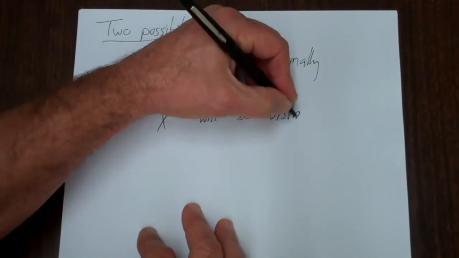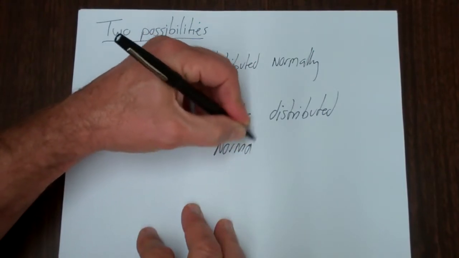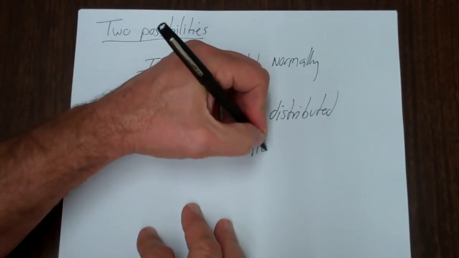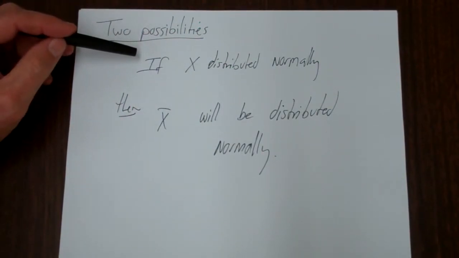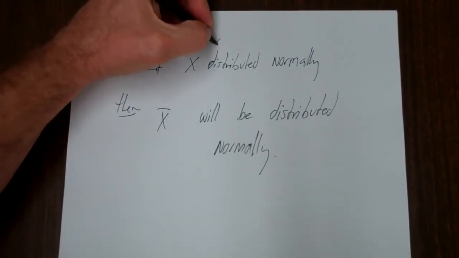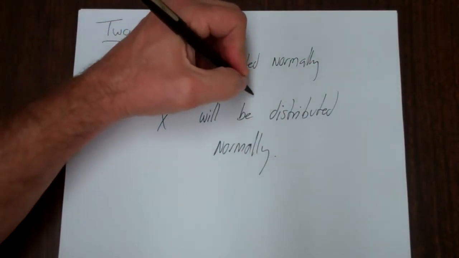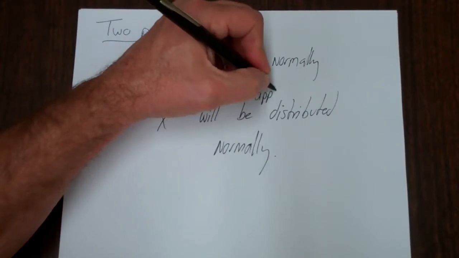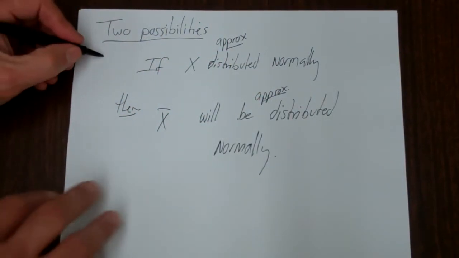So it's easy enough. And it also works approximately. If X is approximately normally distributed, then X bar will be approximately distributed normally. So that's the first possibility.